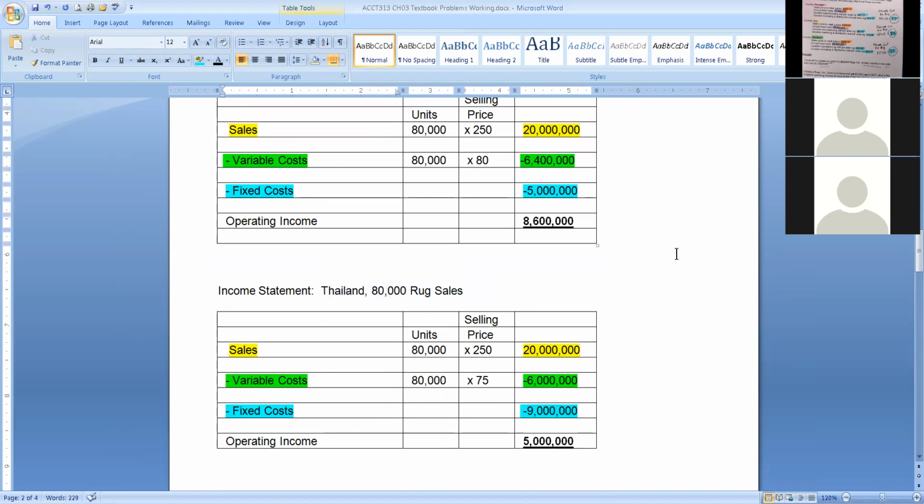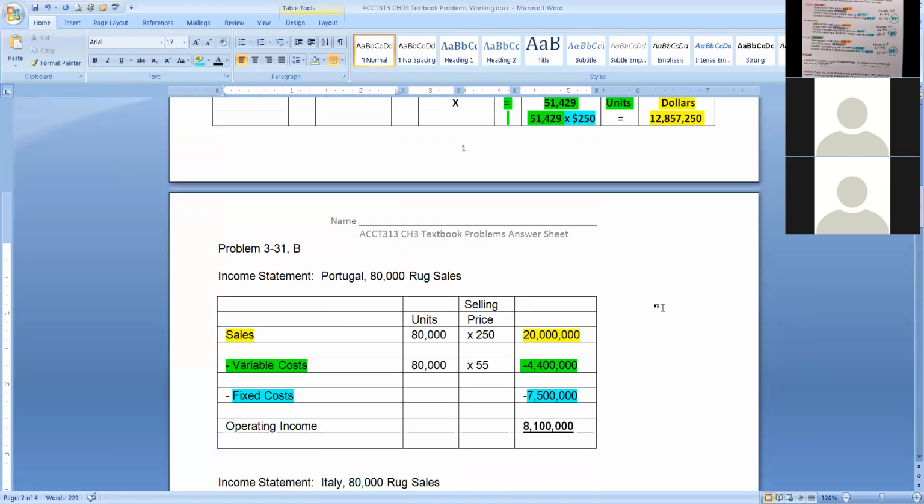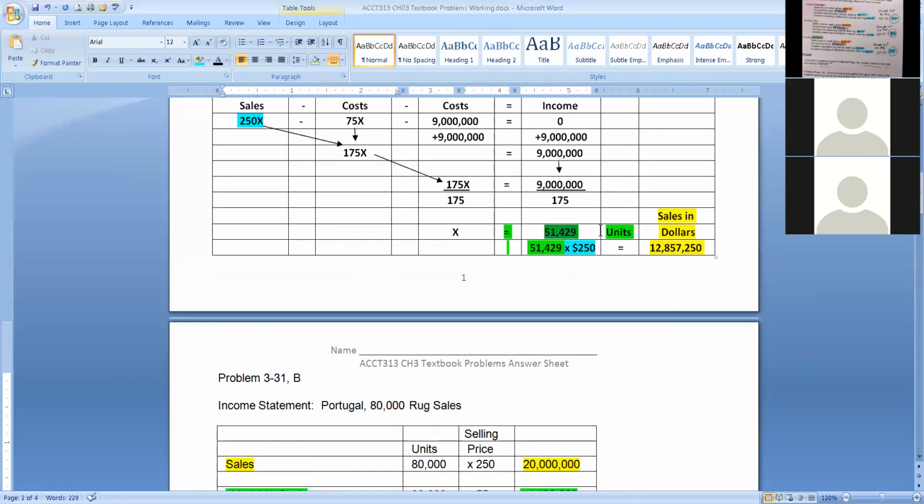Okay. So this one, even though it's not as profitable, it's still profitable because it's past that break-even point.